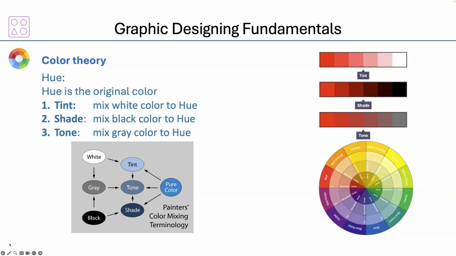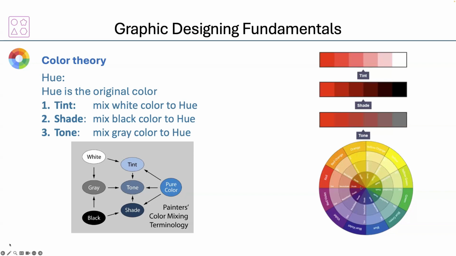And when you add dark black color to the same blue, you see a different shade of this color. So basically, this is how you create the range of colors by adding just three colors, white, black, and gray, to any hue. So this is the whole palette or the whole scheme of colors.